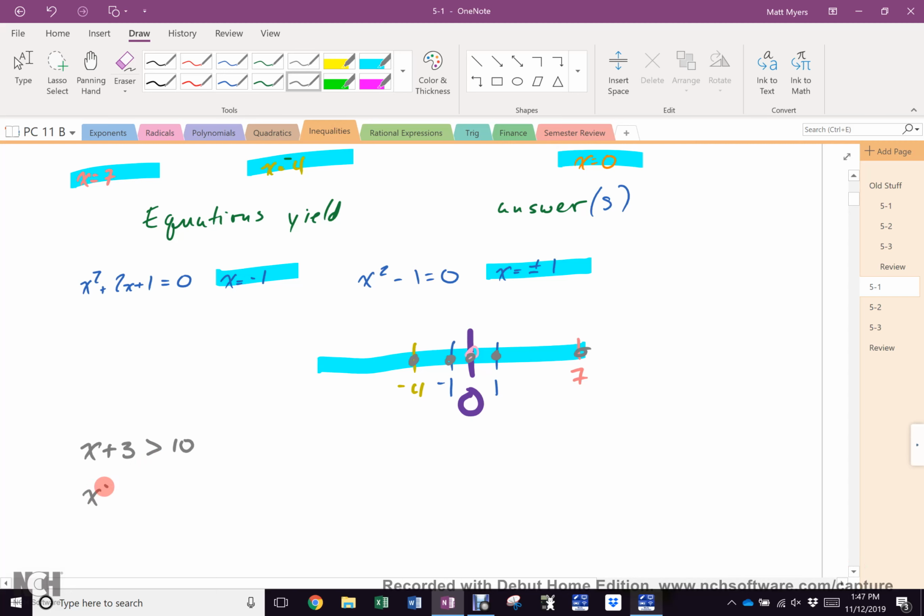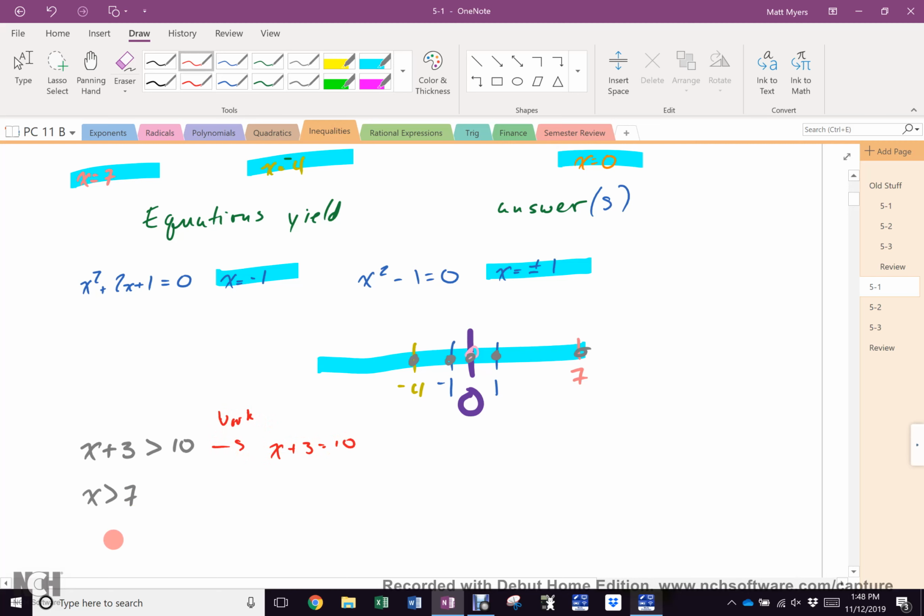So McKenna says x is greater than 7. I'm not saying if she's right or wrong. What did you do, McKenna? You did the same thing we did for an equation, right? You did the inverse operation, yeah? So what you did, your work, you solved that, yeah? Everyone agrees?